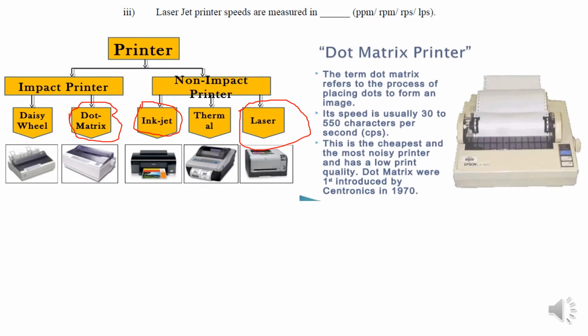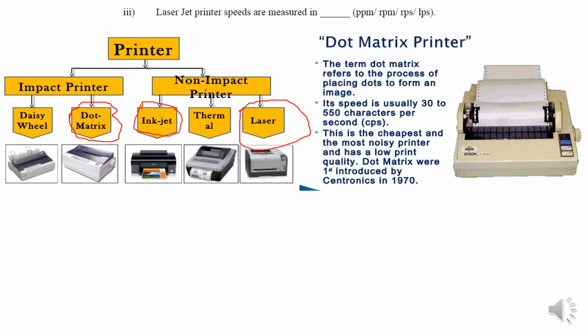Now let's see what a dot matrix printer is. The term dot matrix printer refers to the process of placing dots to form an image. It basically forms the image of each character using dots. Its speed is usually 30 to 550 characters per second. So in the case of a dot matrix printer, the speed is measured in CPS, characters per second, but our question is for LaserJet printer speed.